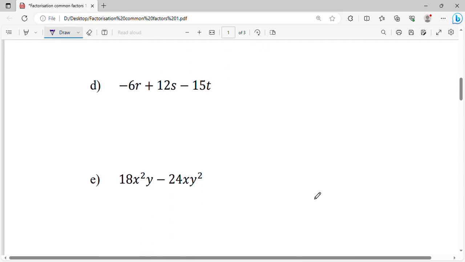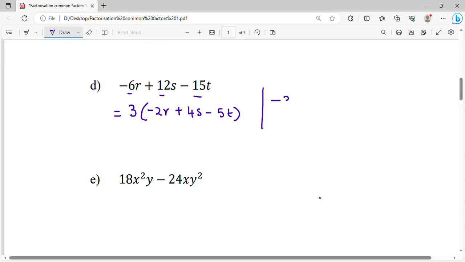Okay, let's look at this. I do not have any common factors with the variables, but 6, 12, and 15 have 3 as the common factor. So I could take out 3 bracket minus 2r plus 4s minus 5t. And I do not have any more common factors here. Now, you could also do this as follows.